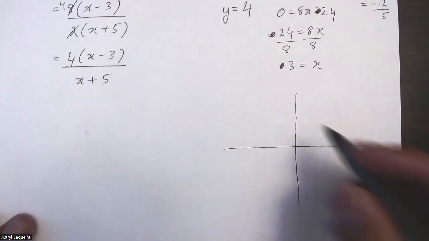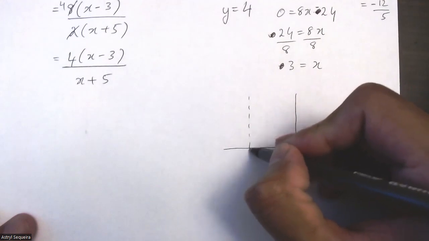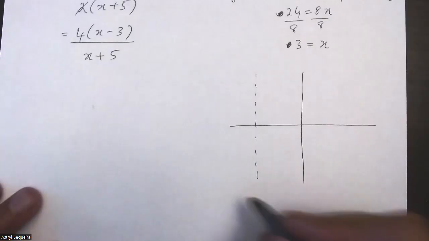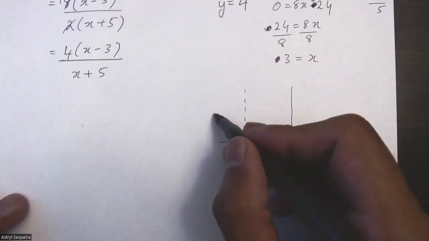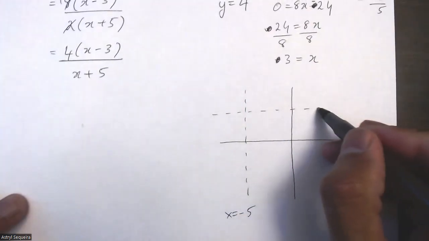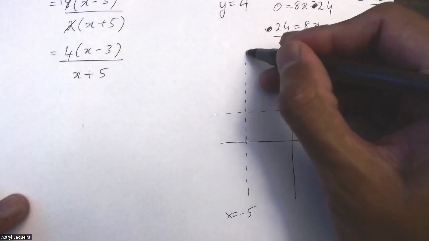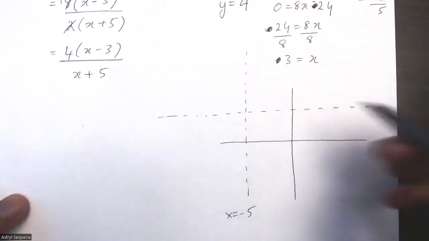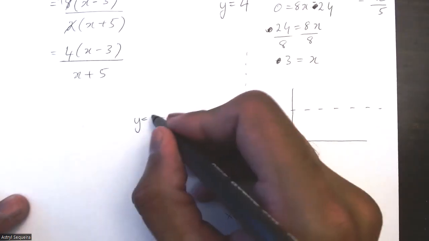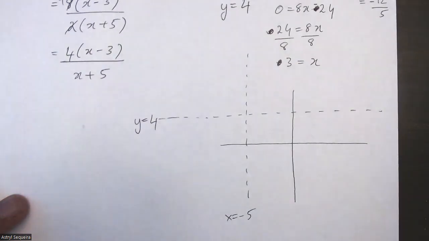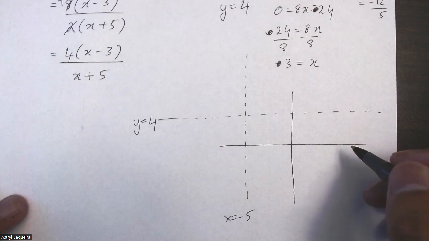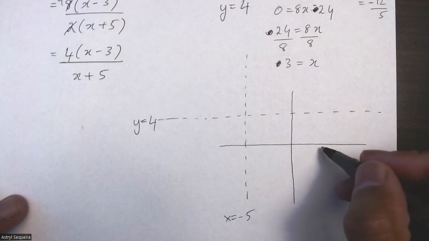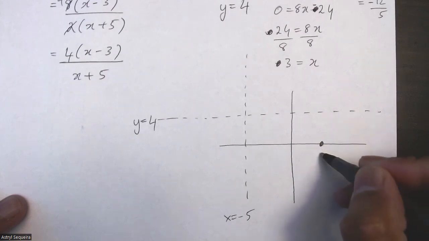So my sketch has a vertical asymptote at x equals negative 5, and it has a horizontal asymptote at y equals 4. I'll put my asymptotes first. My x-intercept is positive 3, which is approximately here.